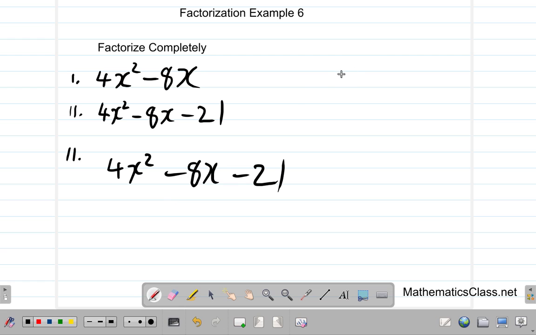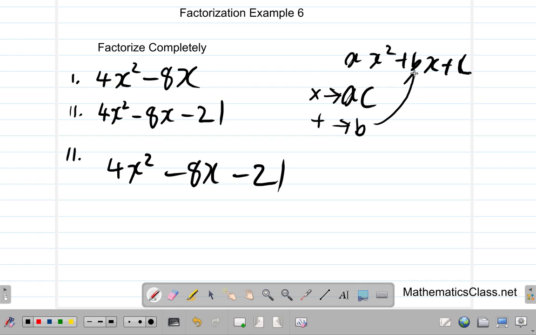Remember what the AC method was? You have ax squared plus bx plus c as a quadratic expression. A times c gives you AC. We think of two numbers that multiply to give you AC and add to give you B.